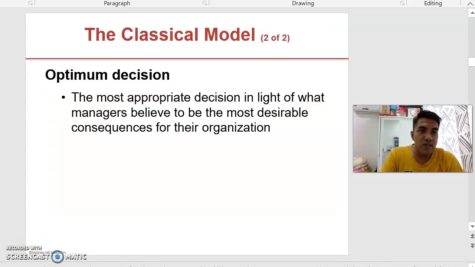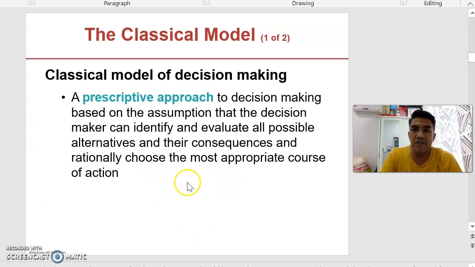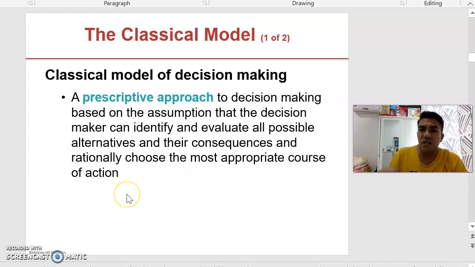So the classical model of decision making is a prescriptive approach to decision making based on the assumption that the decision maker can identify and evaluate all possible alternatives and their consequences and rationally choose the most appropriate course of action. So this is the classical way.